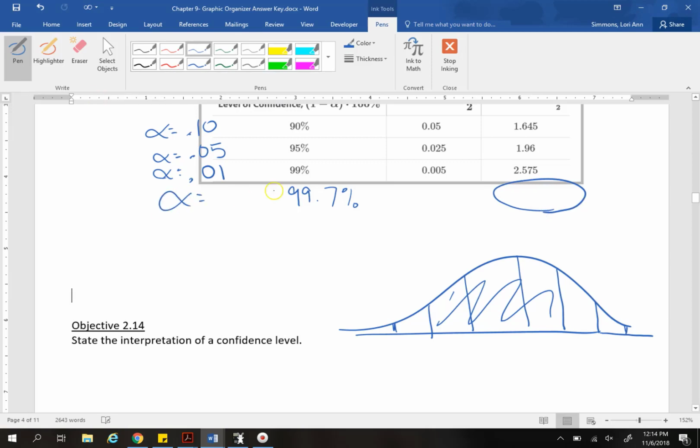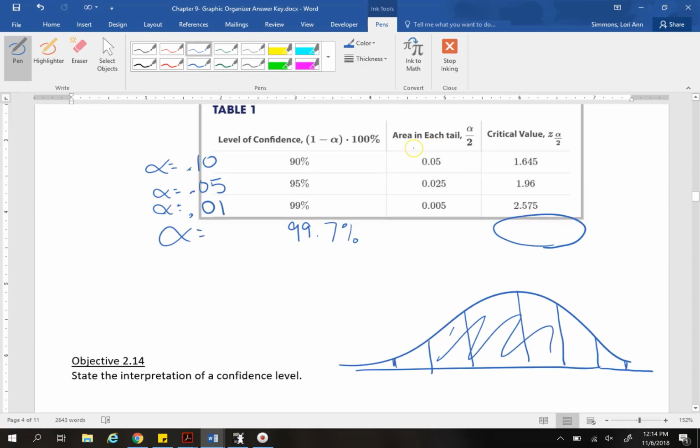Let's figure out alpha and figure out the area in each tail. So the area in each tail is going to be 0.003, because 0.3 remains from the percent, and then convert that to a decimal and divide by 2 to get the area in the tail.